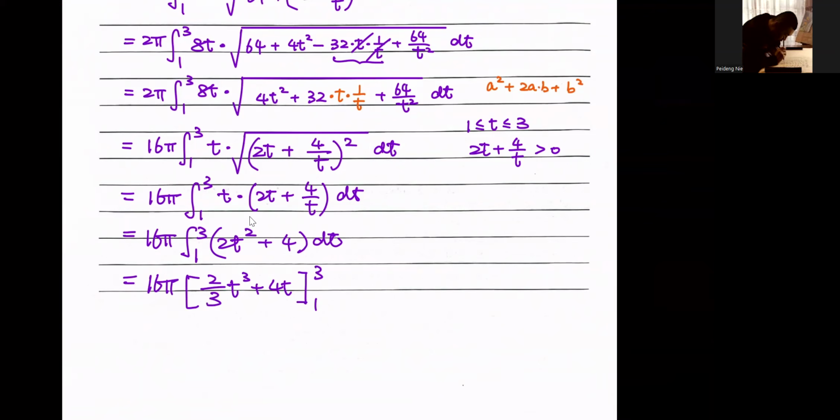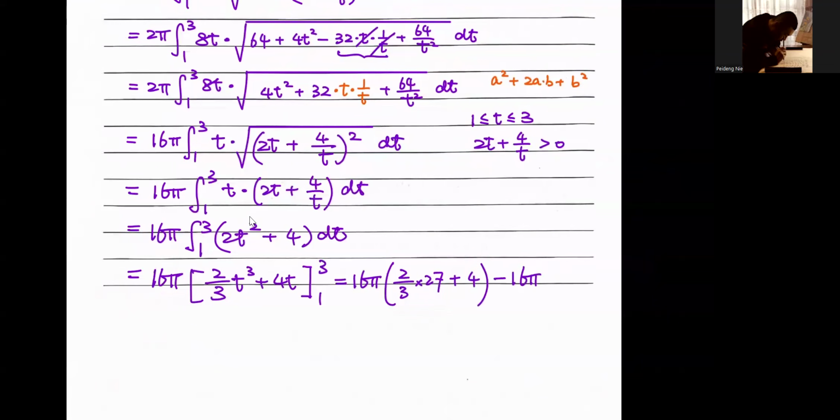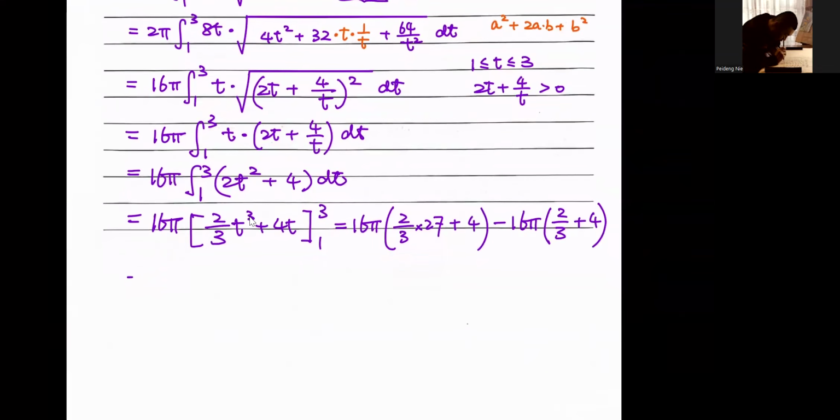What you can do here is like 16 pi times 2 over 3 times 27, if you sub in the 3, plus 4 minus 16 pi. Don't forget you have a 16 pi. 2 on 3 plus 4. Something like this. This is 9. Then you'll be able to get, let's say, an 18 plus 4, 22.